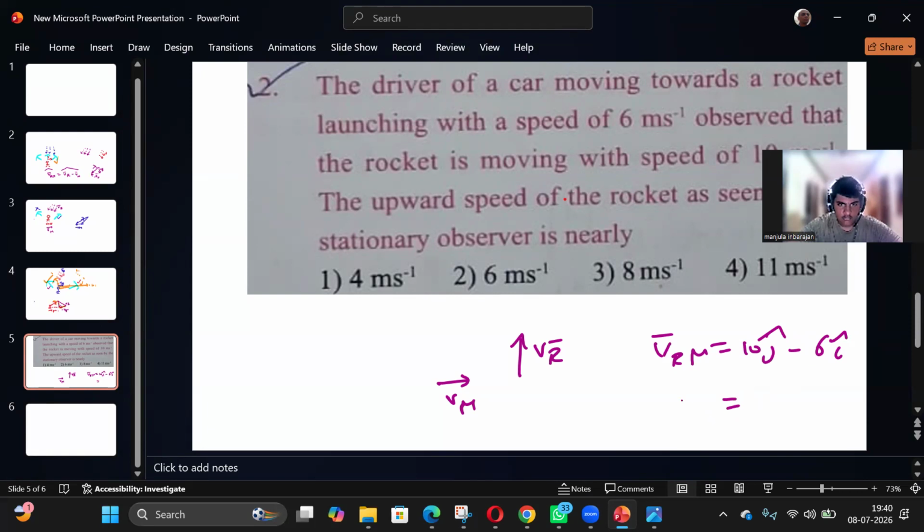So the magnitude of this will be the square root of 10 square plus 6 square. So it's 136, greater than 12.